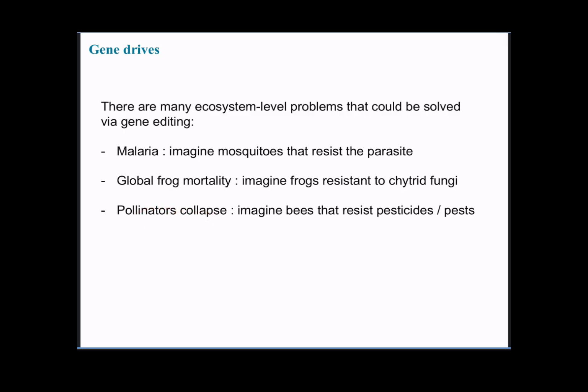And you may have heard of pollinator collapse, more specifically collapse in bee populations, that has many farmers very scared, because if you lose bee pollination, you may lose entire crops and industries. So imagine if we could make bees that resist pesticides and pests that are underlying these collapses.